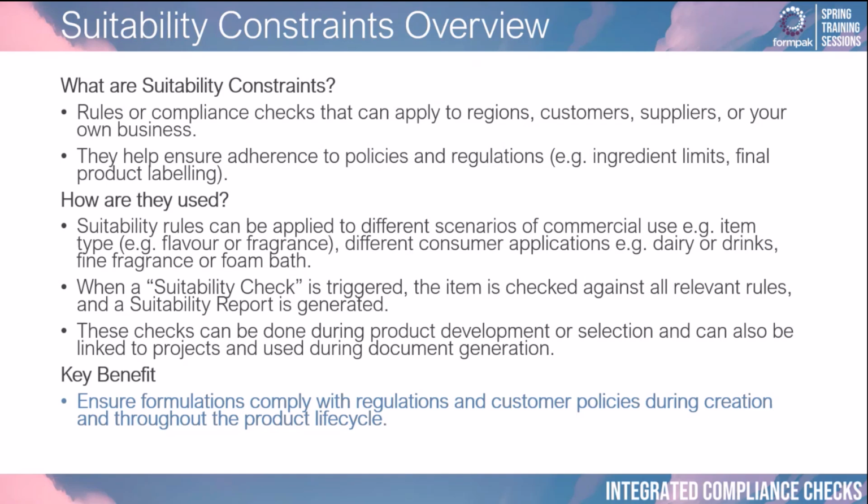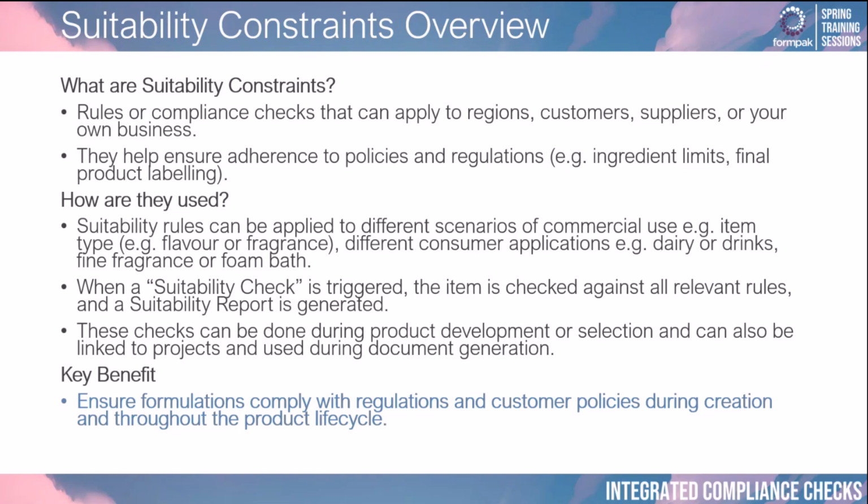And that could be ingredient limits or final product labelling, and lots and lots of things that you can make a compliance check around. So they're used by applying them to either types of items, so it could be flavours or fragrances, because they would have different sets of rules, but also to different consumer applications.